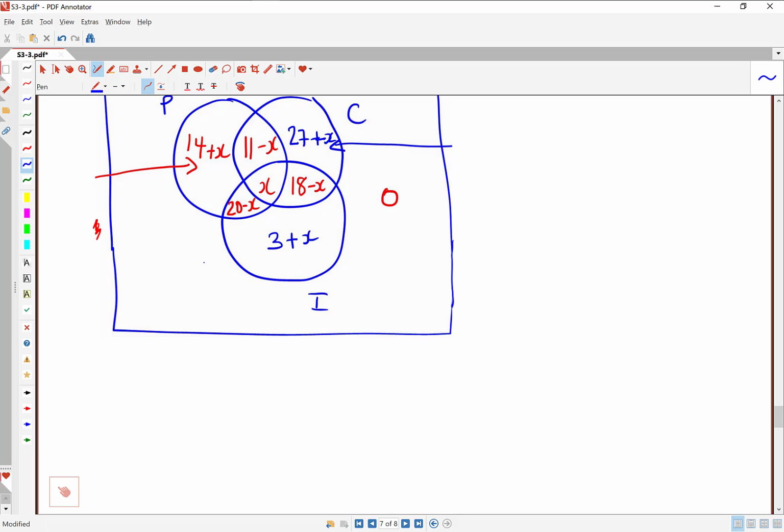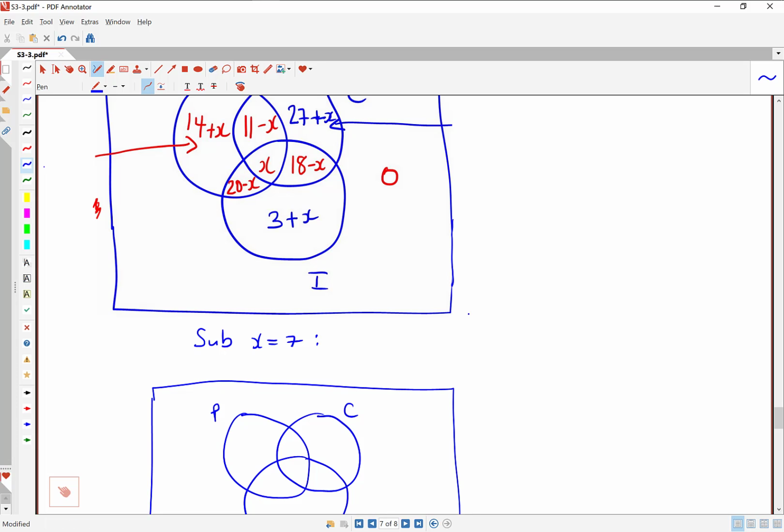So here's our Venn diagram so far. We found that x is equal to 7, so we're just going to sub x equal 7 in here, and we're going to have our final answer coming up. So let's just sub x equals 7 into each of these regions here. So working across the top, subbing in 7, we get 21. We get 11 minus 7 is 4. 27 plus 7 is 34.